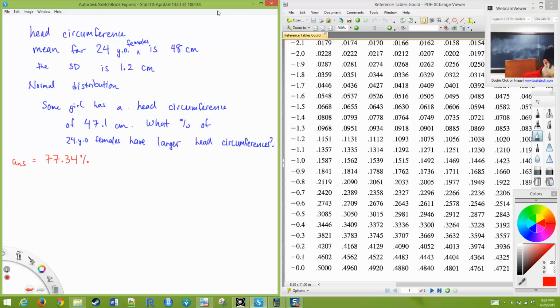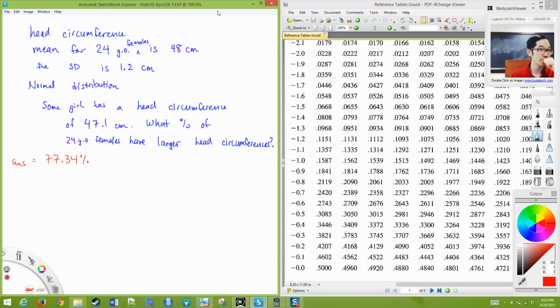Okay. 0 goes right here. I go to negative 0.75. I shade everything to the left. And so I look up 0.75 and I get 0.2266 in the table. Okay? But here I'm asking who has a larger head circumference.